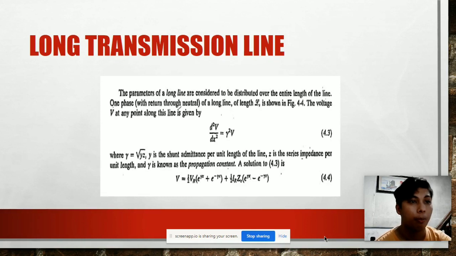A solution to 4.3 is V = ½(Vr + Ir Zc)e^(γx) + ½(Vr − Ir Zc)e^(−γx).